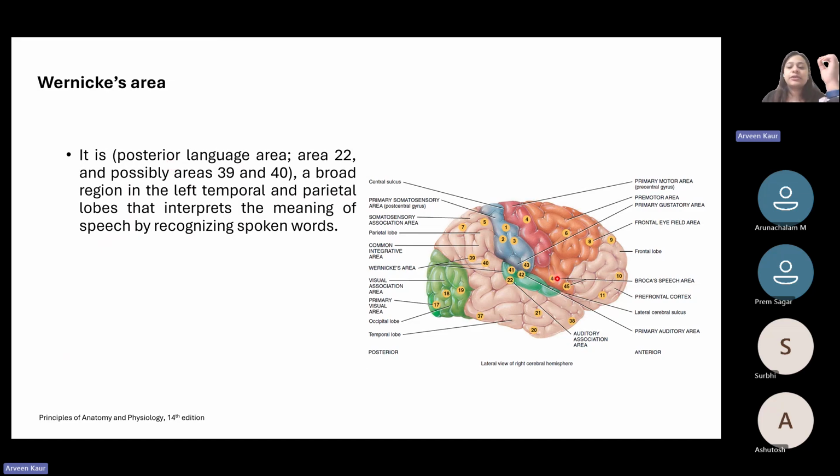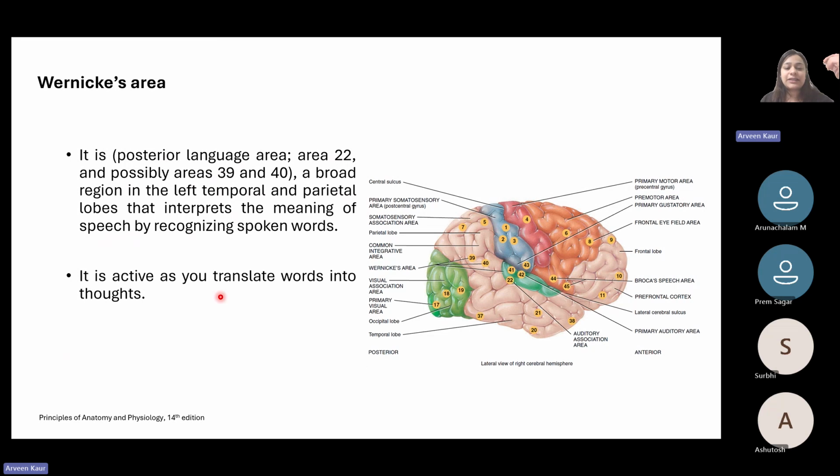Again, this also we have spoken about when we had talked about the Broca's area in that week 2 or week 3 lecture. So it is the posterior language area, a broad region in the left temporal and parietal lobes that interprets the meaning of speech by recognizing spoken words, right?